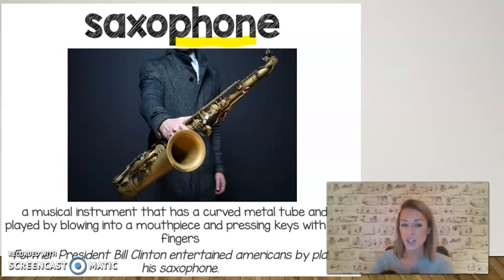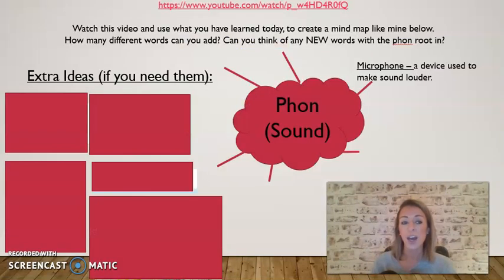And your challenge for today is to think about the phon word root. It means sound and it comes from Latin. And you are going to create a little brainstorm. So you can see here that I have started to do my brainstorm, but I haven't put too many words in there because I didn't want to give you too many clues. So you can use a whole page for this in your home learning book if you've got one.